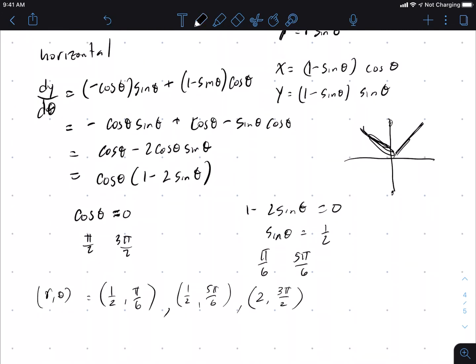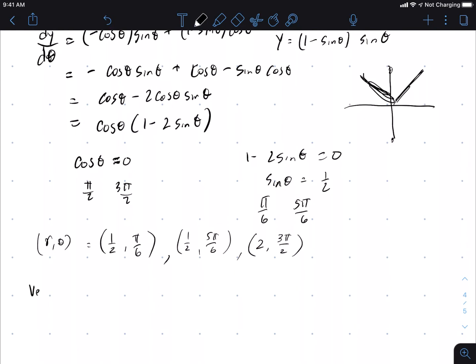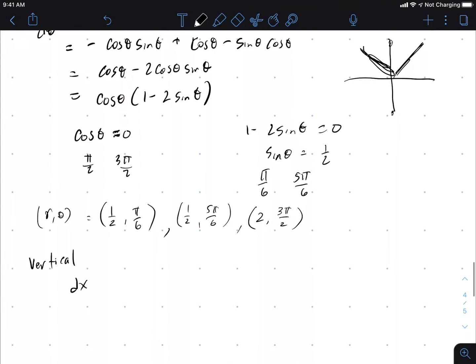All right, let's go after the vertical. So for the vertical, how do we get the vertical? Taking dx d theta. So we're going to look at dx d theta, right? And so dx d theta is going to be what?